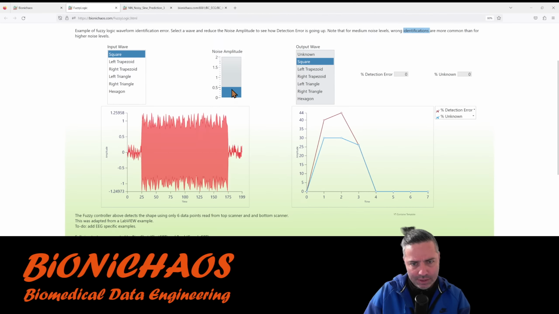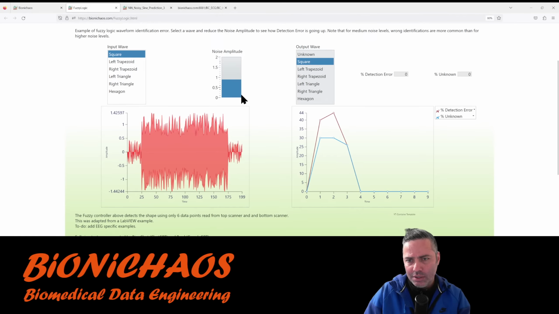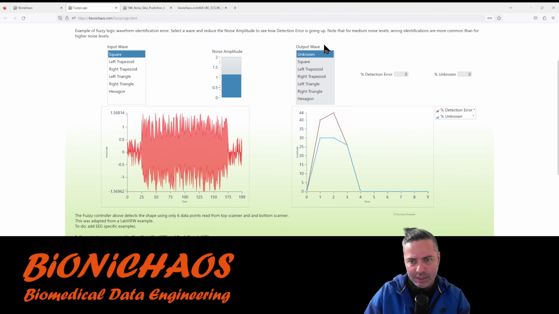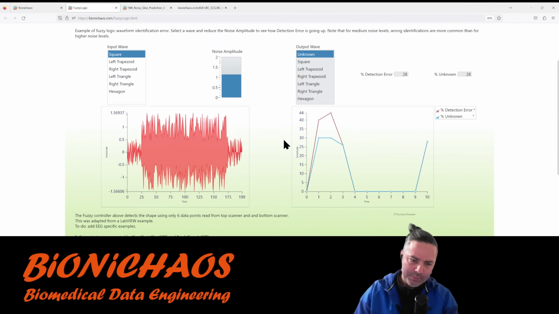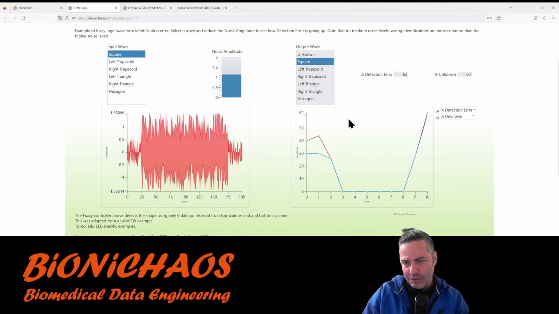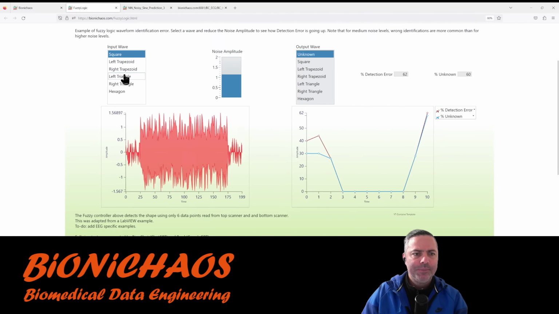So now they're sitting at 0, and as you make the noise larger, it's still not making any mistakes, but now it's starting to make more mistakes. The percentage of unknowns has jumped up to above 60%.